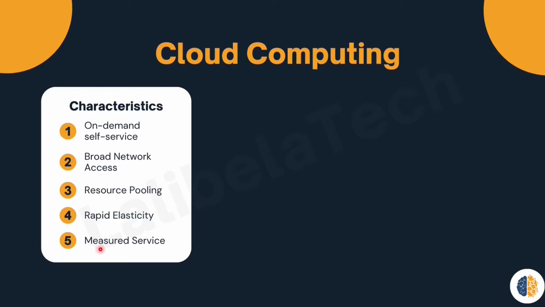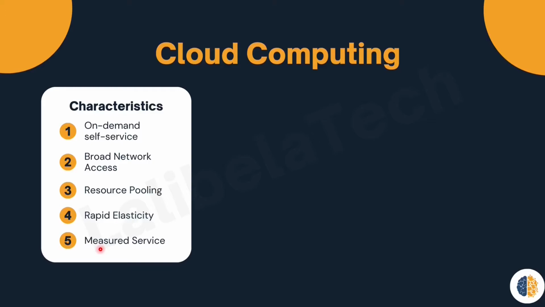Measured service. Resource usage can be monitored, controlled, and reported, providing transparency for both the provider and the consumer of the utilized service. And the payment depends on the consumption. It's just like our electric and water bill.